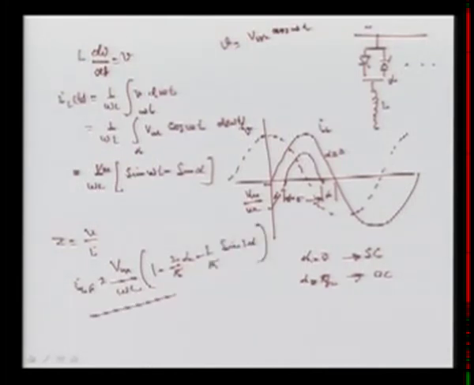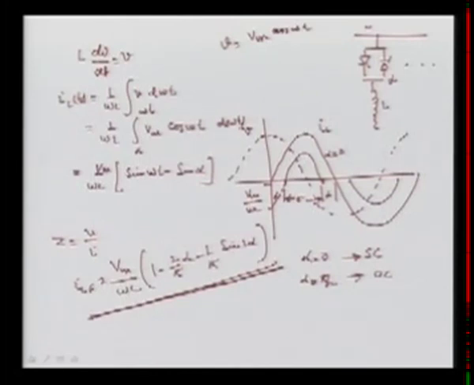Why is this a big expression? Because we are talking about the fundamental component of this type of current. Since this is a repeated curve, we can take the fundamental component, and then we get this ILF value.